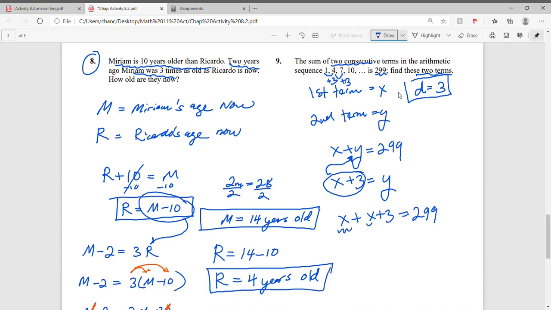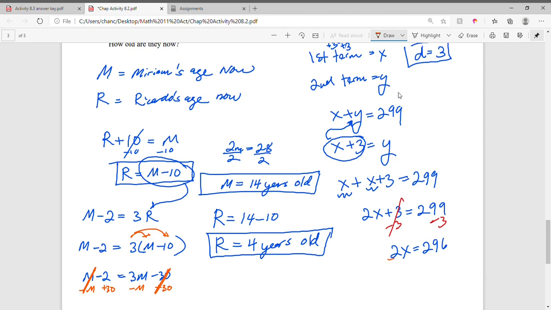Let's collect like terms. We have x plus x, that's 2x, plus 3 should be equal to 299. Let's subtract 3 from both sides, and 2x is equal to 296. We could divide both sides by 2, and x is equal to 148.